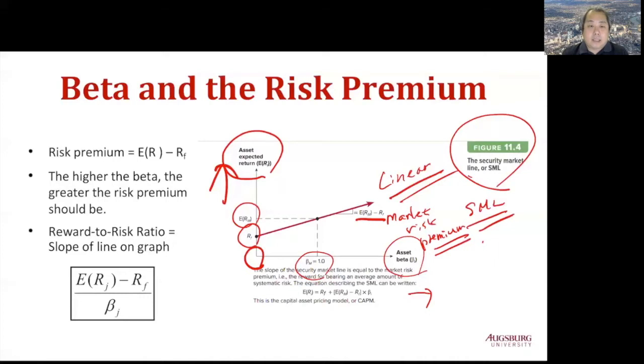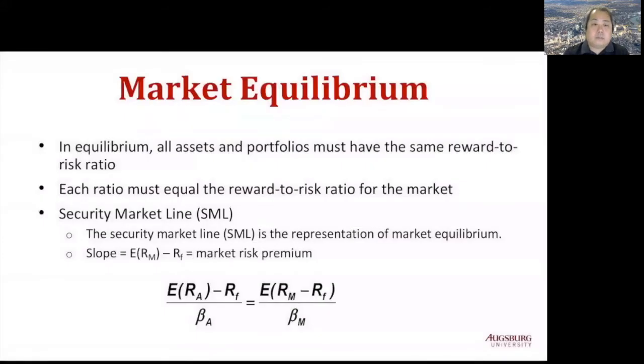And each beta has its own risk premium, and the ratio using this relation is called the reward to risk ratio. Again, in equilibrium, SML should be linear, which means all reward to risk ratios should be the same. And it is also the same as the reward to risk ratio of the market portfolio.